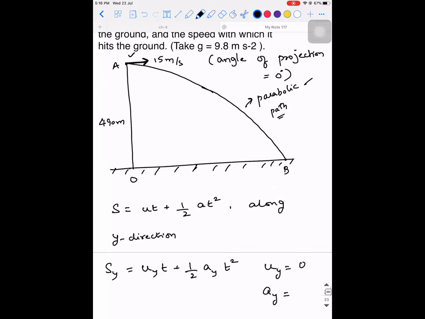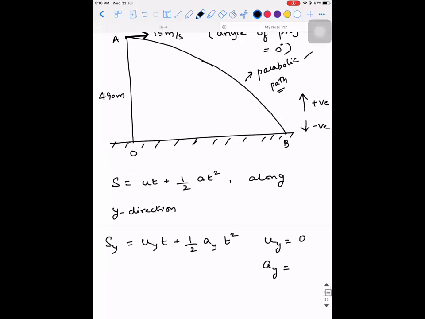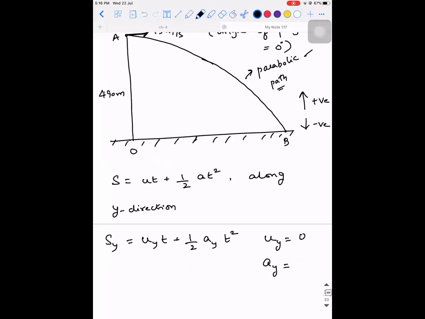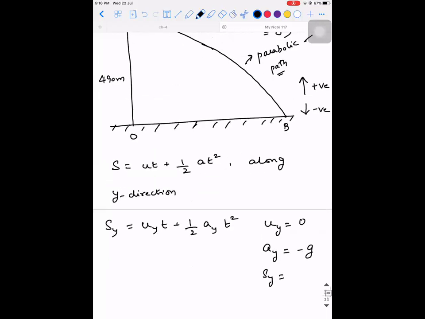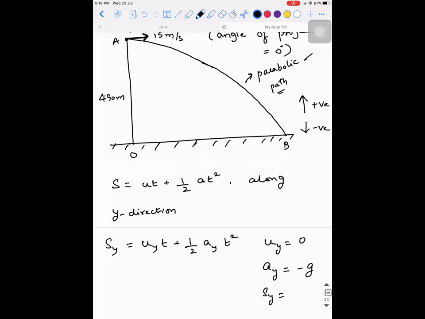I told you, whenever you take 2 dimensions, up is positive and downward direction will be negative. Acceleration due to gravity is acting in the downward direction, so it will be minus. What is the displacement of the particle in the y direction? The particle has started from here, point A.